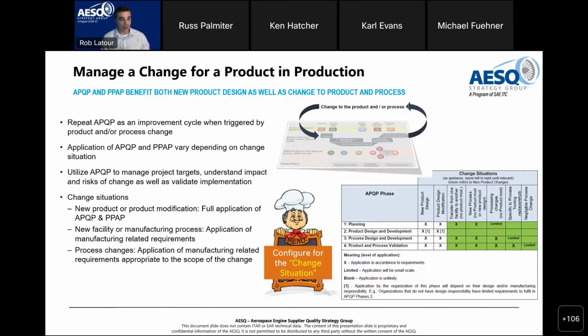Carl walked through supply chain transfers from one facility to another, from one supplier to another. We may be looking to insert new manufacturing technology, a brand new process that wasn't done in the past, or maybe more basic process modifications. We're changing some parameters, changing some sequencing, refurbishing tooling. All of these change situations require a cycle through the APQP process.